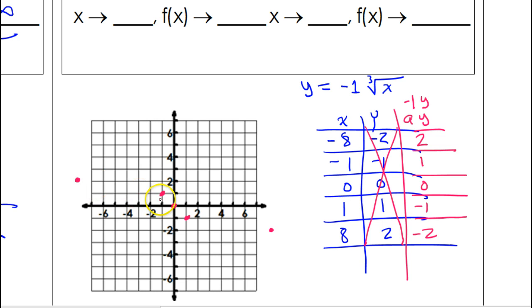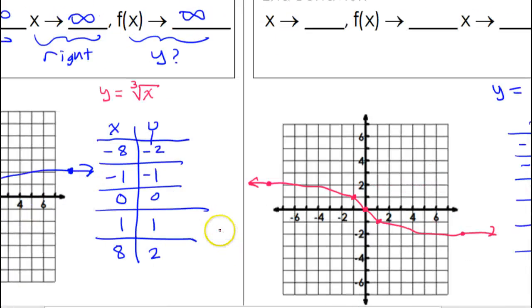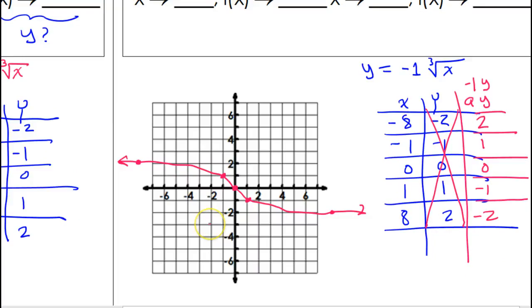Alright, so this graph is going to look like this. Okay, it's a little scraggly there, but you get the idea. And it is the same as this graph, just upside down, which is what we predicted.